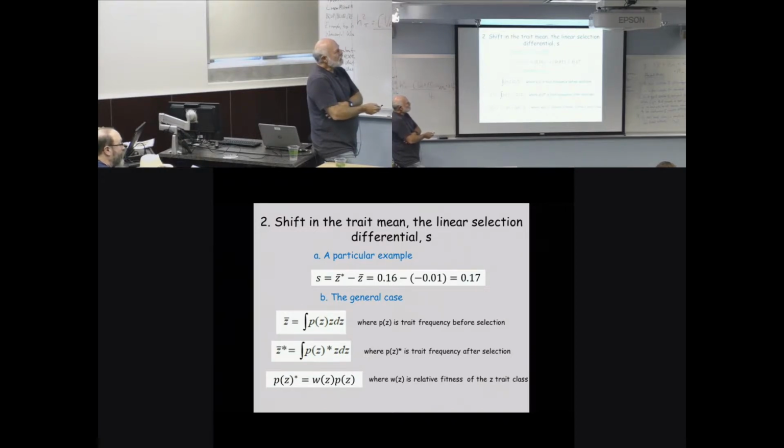Here's the mean after selection. The mean before selection, even though I sampled from a normal distribution with a 0 mean, is not quite 0, it's negative. Anyway, we get a selection differential of 0.17. In other words, we shifted the phenotypic mean by 17% of one phenotypic standard deviation. So the variance was 1 before selection.